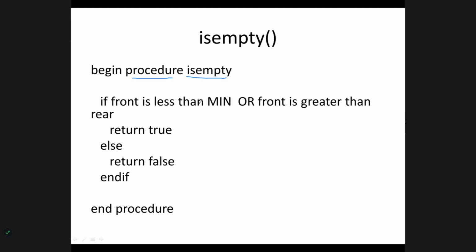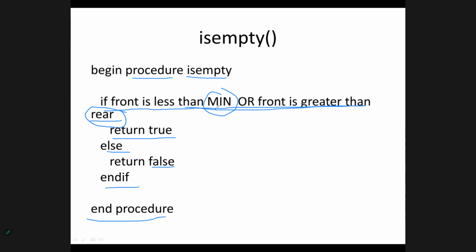So if front is less than min or front is greater than rear, right? That means it is empty. It will return true. Otherwise, it will return false. And this is the end of the if clause, and then this is the end of the procedure. Very simple.